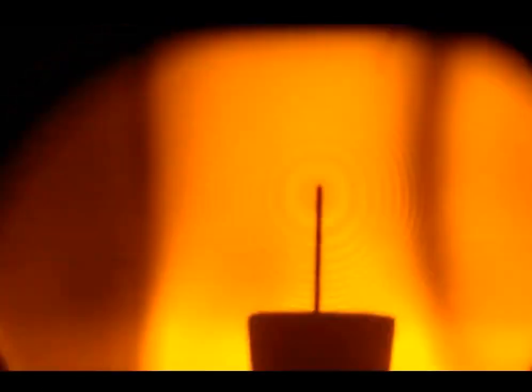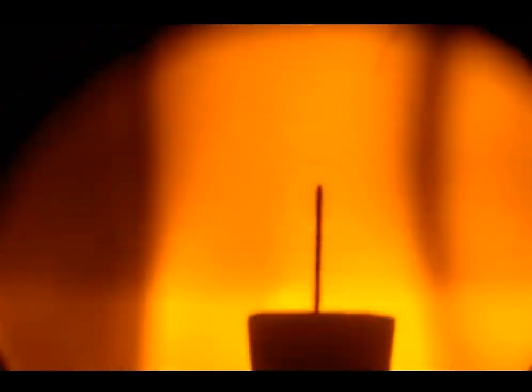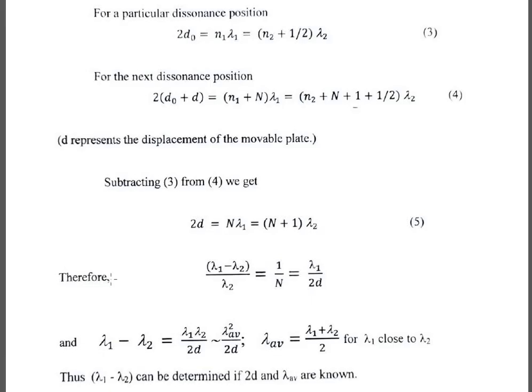Okay, so now let us move back to our theory. After the video, you see this is the actual part where we are going to use this dissonance and estimate the doublet separation. So you see, for a particular dissonance position we have this condition.